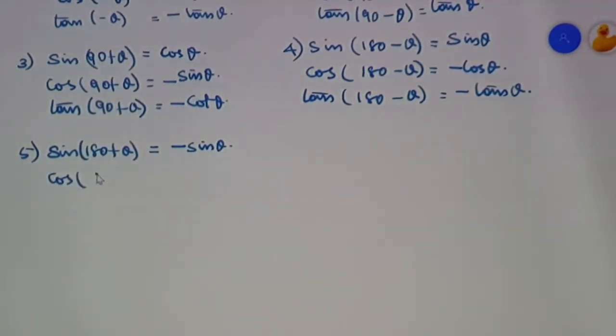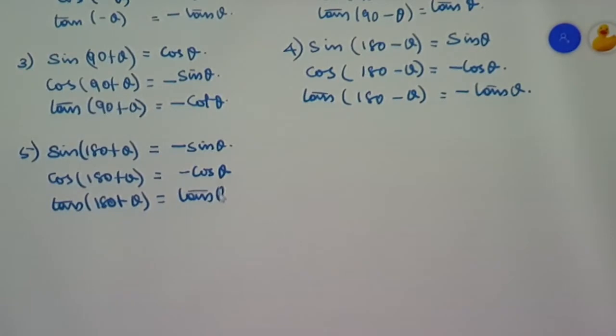Similarly, cos of 180 plus theta is equal to minus cos theta. Tan alone is positive. See, tan of 180 plus theta is equal to tan theta.